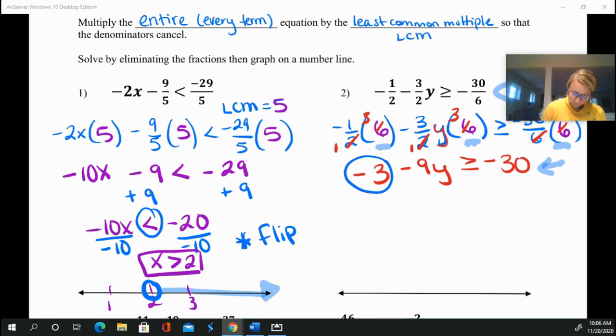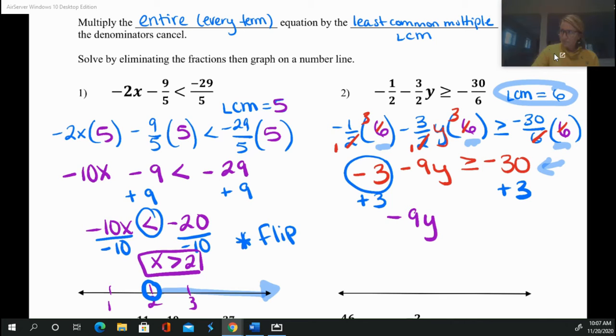So we have this negative 3 here, so we want to add that value to both sides because it's negative. Negative 30 plus 3 is negative 27.